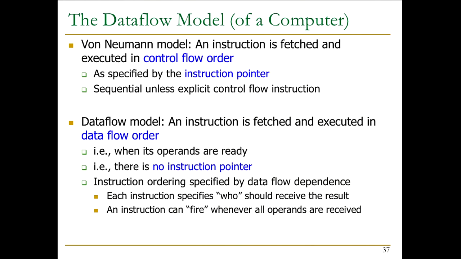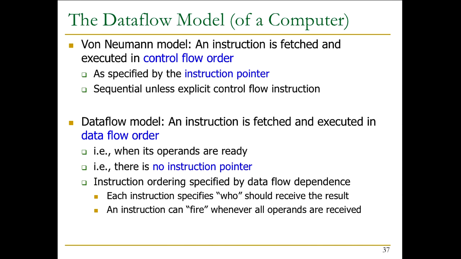Each instruction specifies which other instruction should receive the result. Basically, each instruction has a pointer to the instruction that it's going to supply data to. This is not necessarily the next sequential instruction; it may be somewhere else in memory completely. An instruction fires whenever all of its operands are received. Fire means it's really fetched and executed.